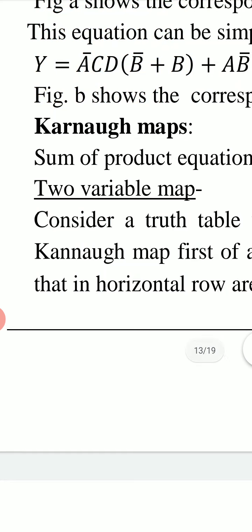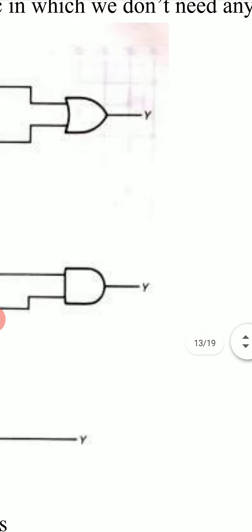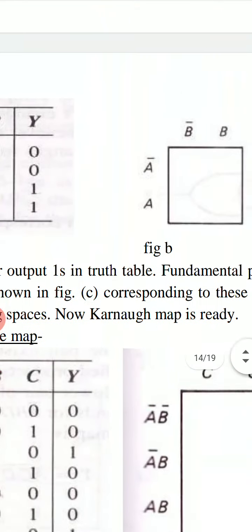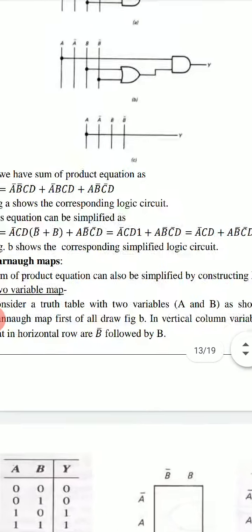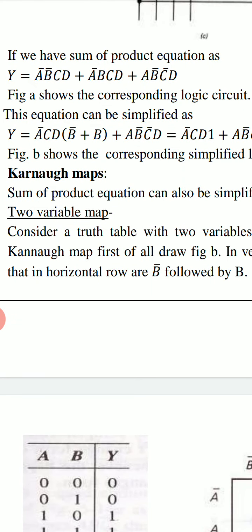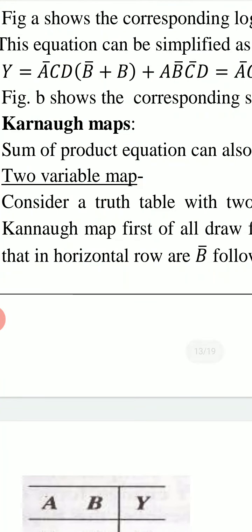Now we see what Karnaugh maps are. Sum of product equations can also be simplified by constructing Karnaugh maps. We want to find a simplified logic circuit for a given truth table.